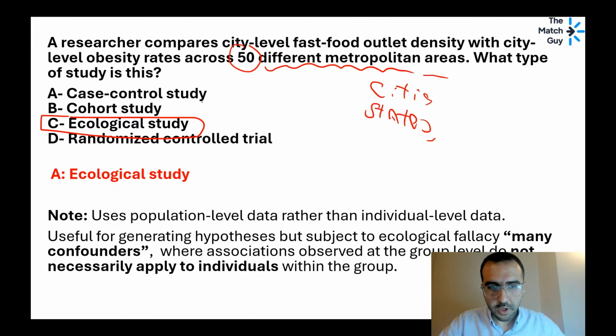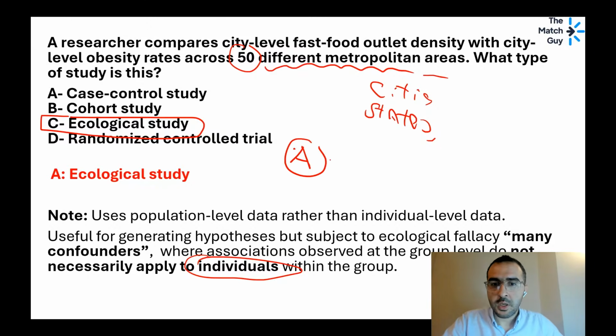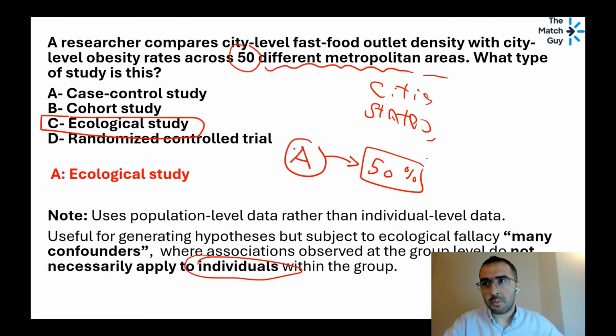Also, one important thing regarding the ecological study is that it's applicable to cities, for example, not individuals. For example, if I say we found that exposure to substance A increased the risk of developing coronary artery disease in this city by 50%, this is applicable to the city.